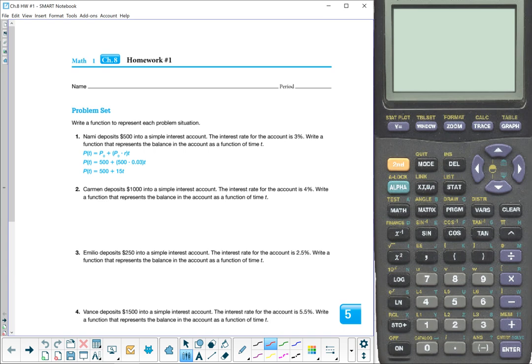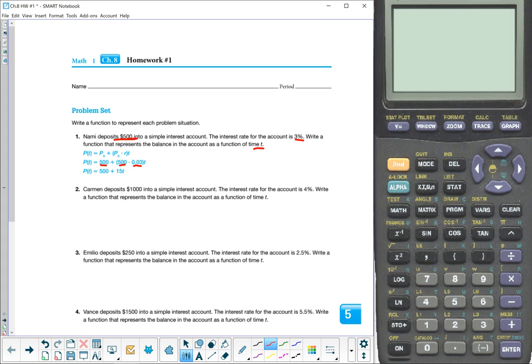This one has 500 as the initial deposit, and you put 500 again, and then the interest rate is 3%, but you can't use 3%, you have to use 0.03, and then it wants you to find out as a function of time. So we're going to do it in a similar way. Sometimes we have to figure out the whole thing, or sometimes we just have to figure out the equation.